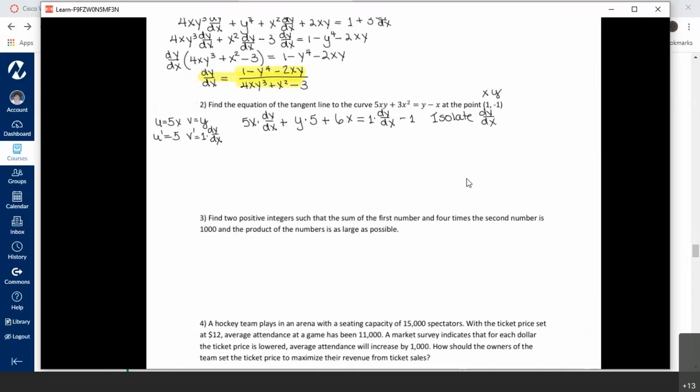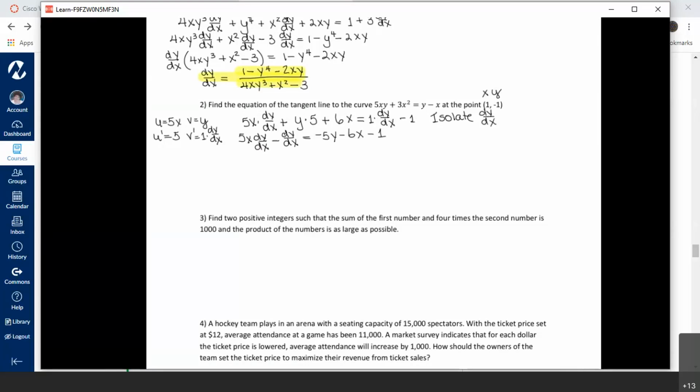So this stays here. The negative dy dx comes from the other side. And then on this side, I'm going to wind up with a negative 5y, a negative 6x, and a minus 1. Okay, so that's the isolate.